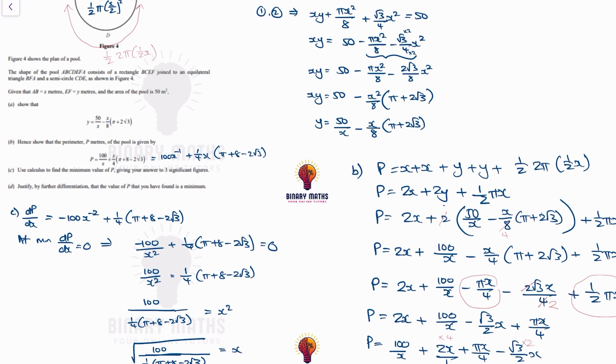And we're going to take this positive square root because x is a length, which gives us x is equal to 7.21805 and so on. We want it to 3 significant figures, so x is equal to 7.22 meters.